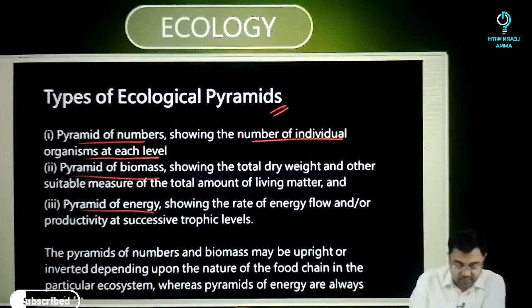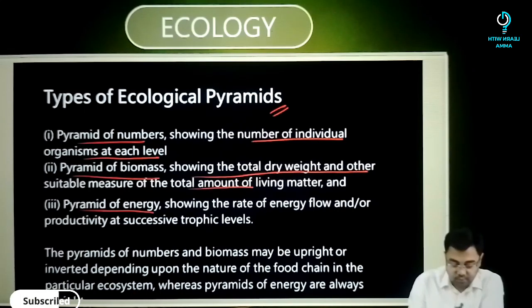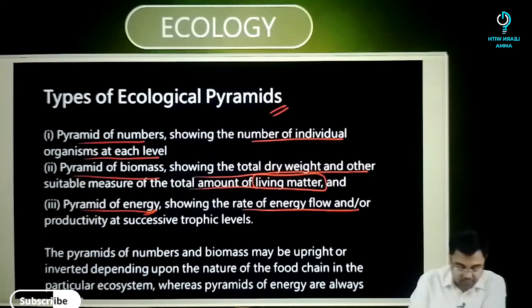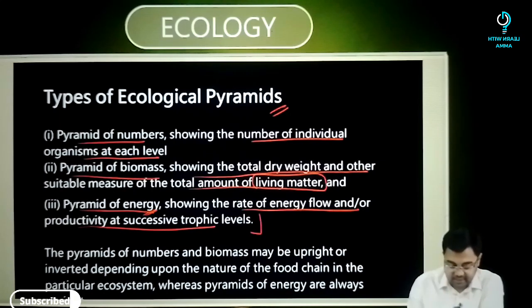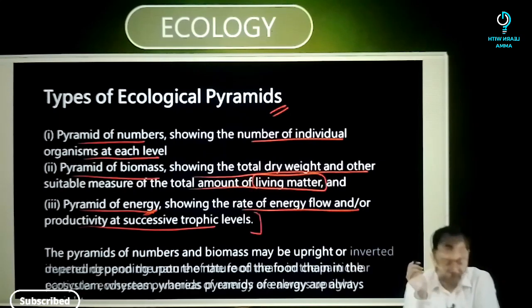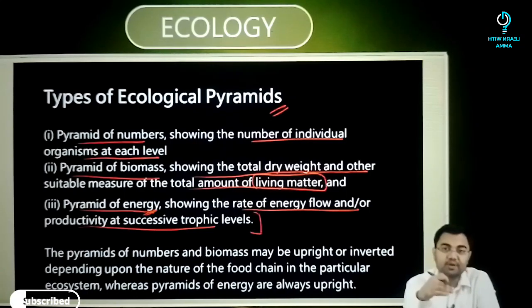Then the pyramid of biomass shows the total dry weight and other suitable measure of the total amount of living matter in the given trophic level. And then the pyramid of energy shows the rate of energy flow or productivity at successive trophic levels. So these are the three types of pyramids that depict the number or the biomass or the energy in any given trophic level.